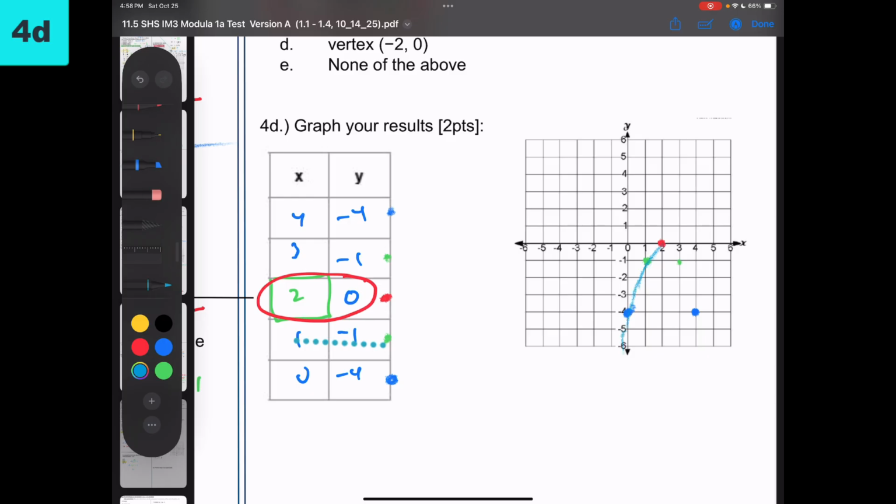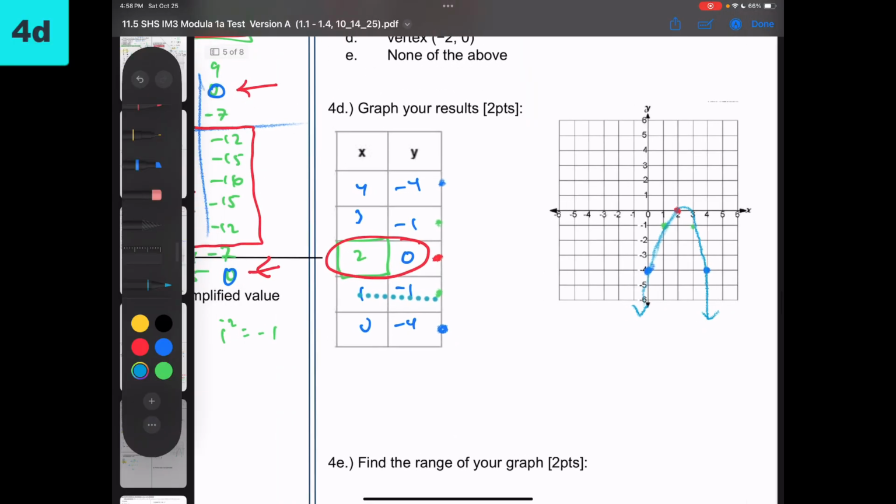The graph would look something like this. Now here, if your table was correct, or the graph was correct, like you only got one or the other, that would give you 1 point.